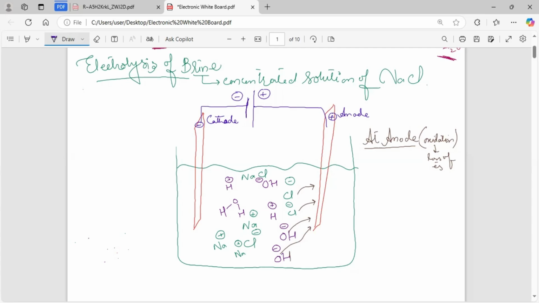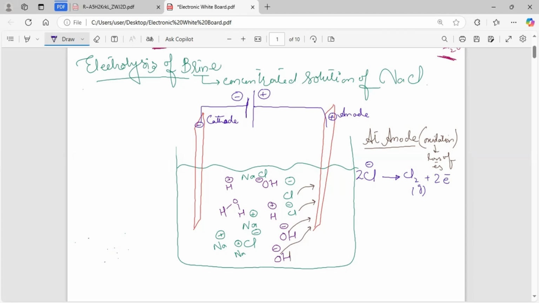They will not lose electrons. So which one will lose electrons? Of course, the halogen. When halogens are present, then the halide ion will be oxidized, or it will lose electrons. So one chloride ion loses one electron, whereas we know that chlorine exists in the form of a diatomic molecule. So we need two chloride ions to lose electrons to form chlorine gas, and two electrons will be lost.